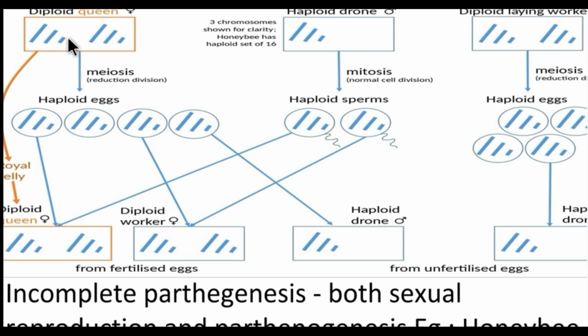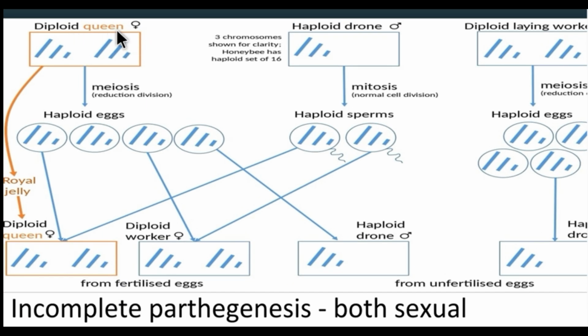Here, please look, the diploid queen. The queen is the female. It goes through meiosis division. During meiosis, the diploid cell divides into haploid eggs. You know very well, diploid means double and haploid means single.